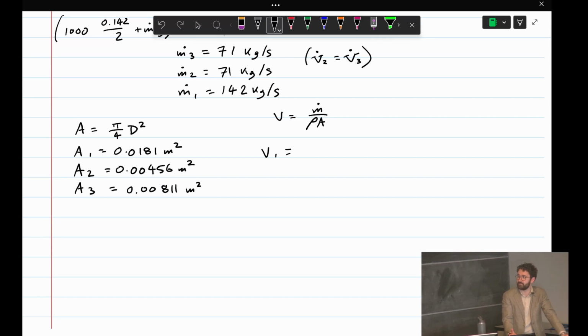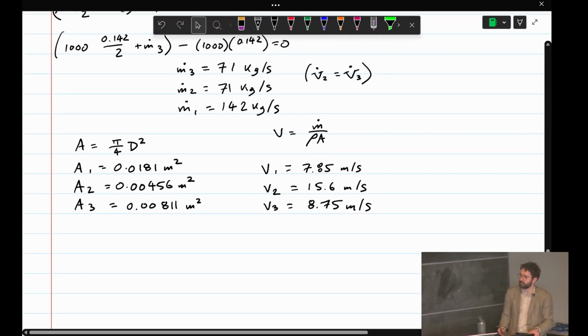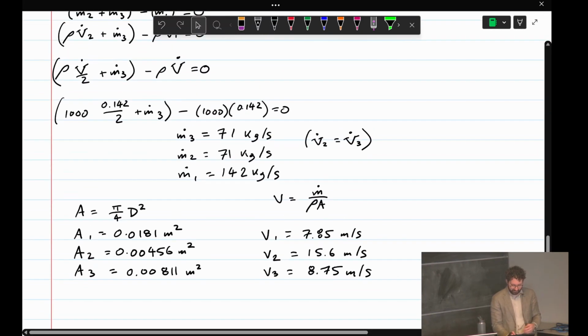Again, it's the average velocity, but in these momentum problems, we're never going to worry about velocity profiles when we have the average velocity. V1 is 7.85. V2 is 15.6. V3 is 8.75. Any questions about how I've calculated this?